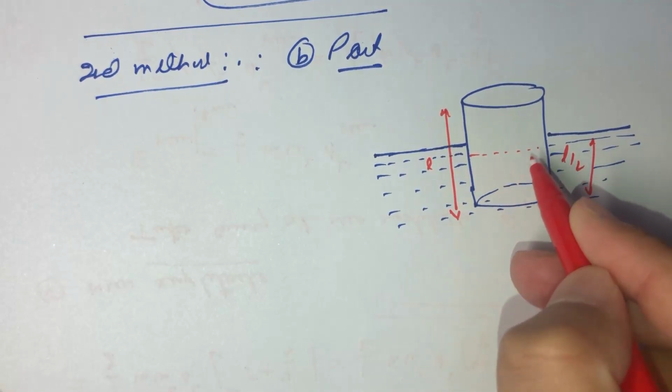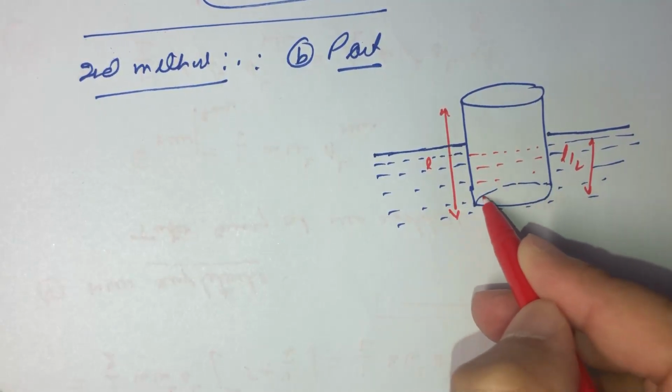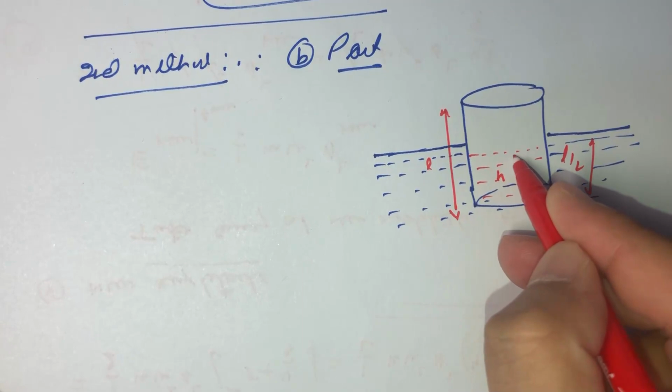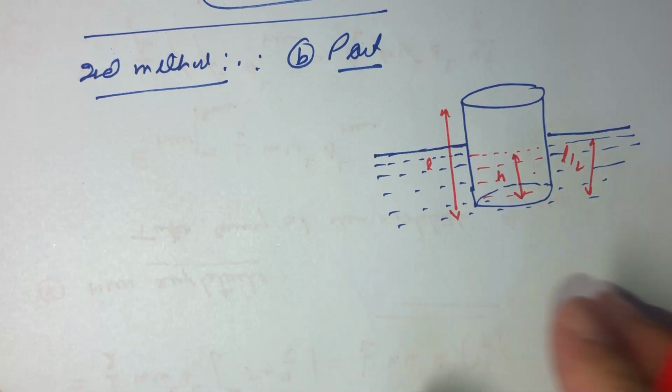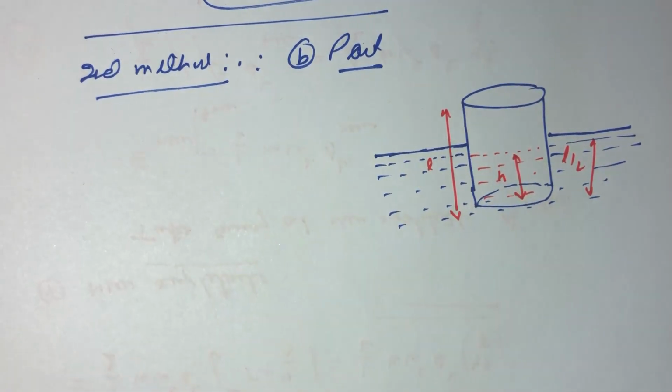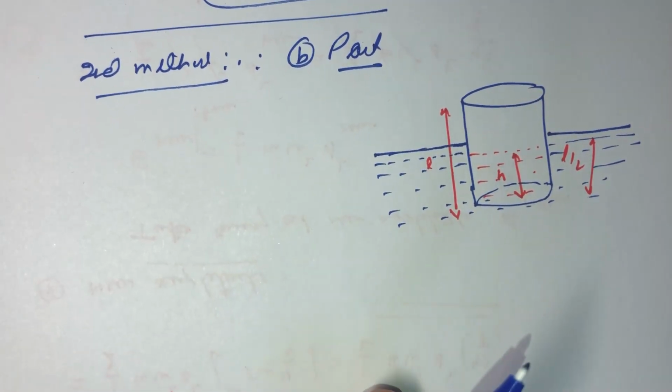Let us suppose that is given as height h, and everything is in balanced form because vertically it is balanced.